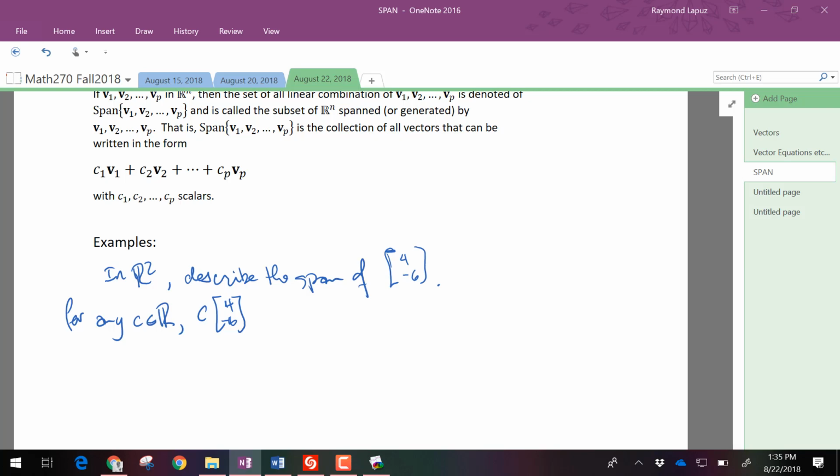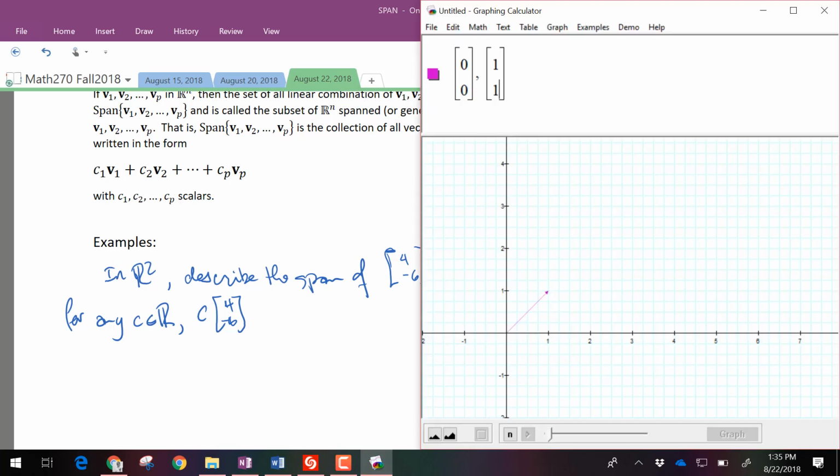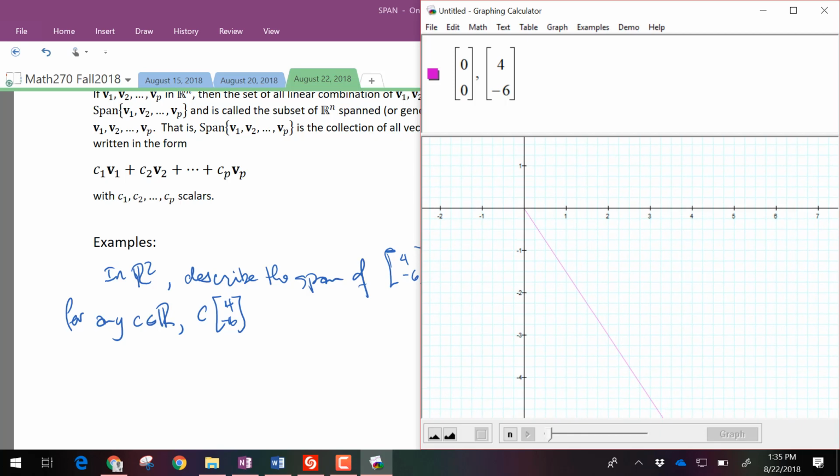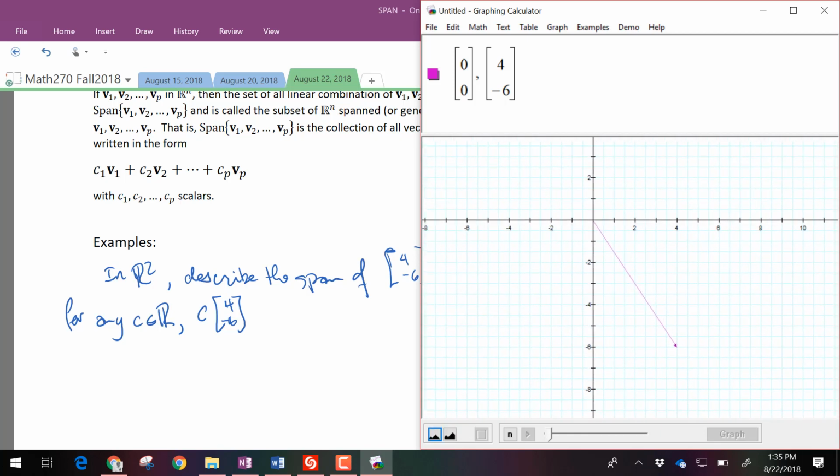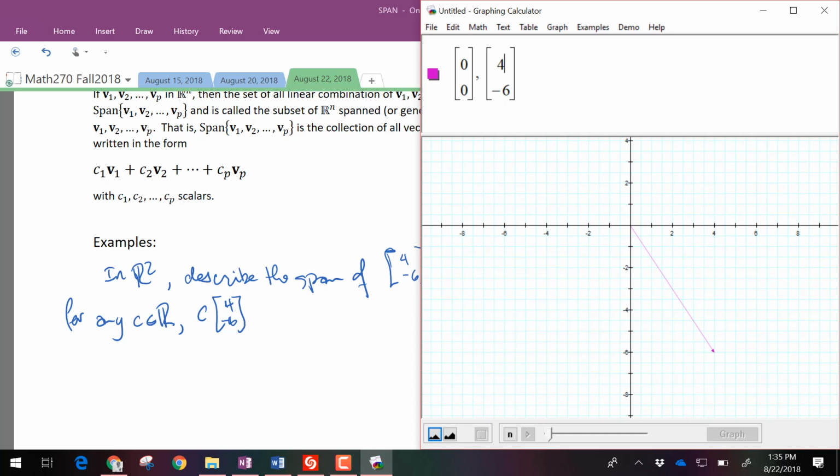So let's take a look at what this means, what is the span of this vector. So it looks like it's just a vector going to that point, right?